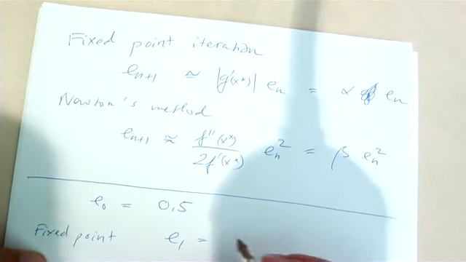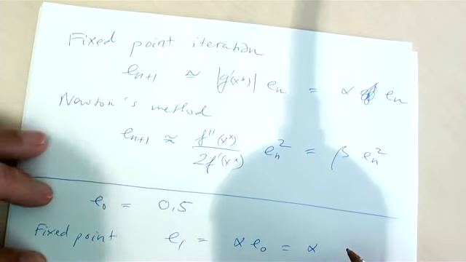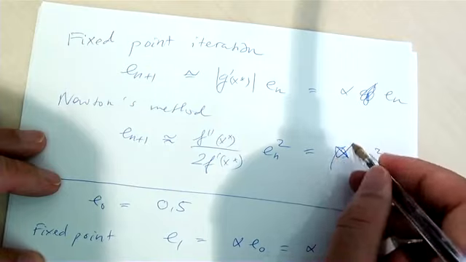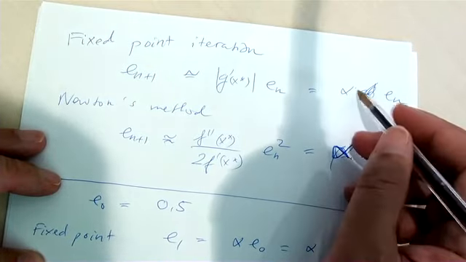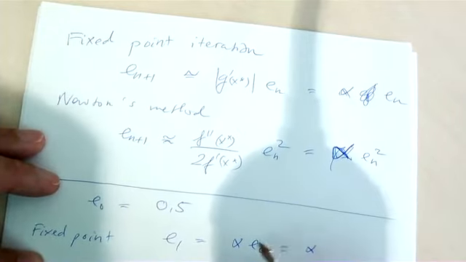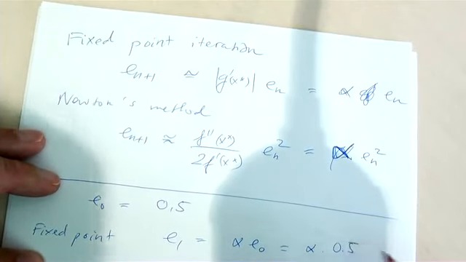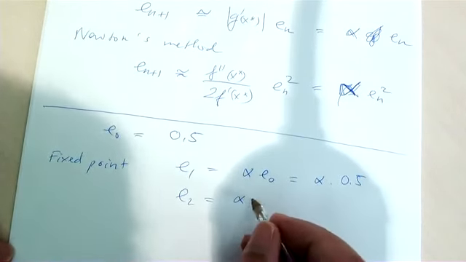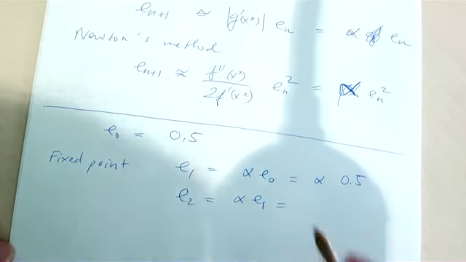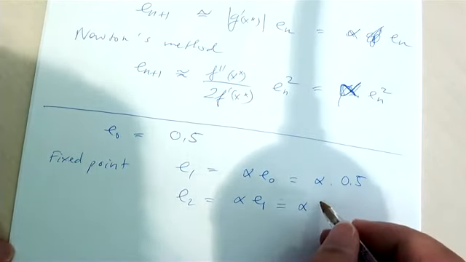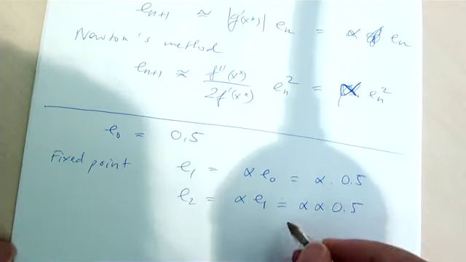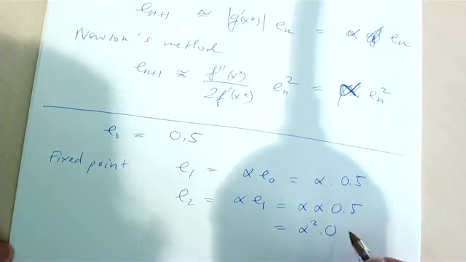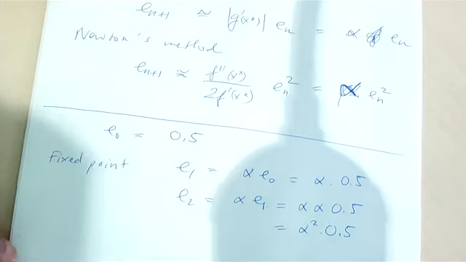Suppose fixed point, then e_1 will be alpha e_0, right? Maybe make it simple, suppose you can make the two constants the same, alpha. So this is alpha times 0.5, right? And then e_2 will be alpha e_1, which is alpha squared times 0.5.